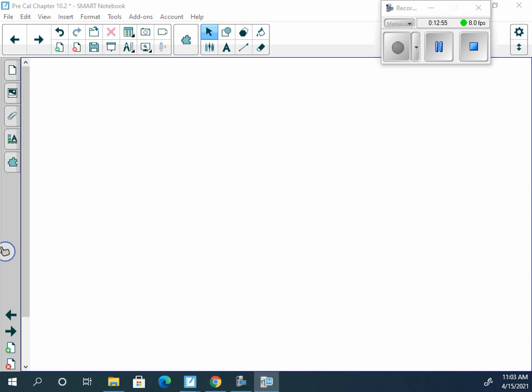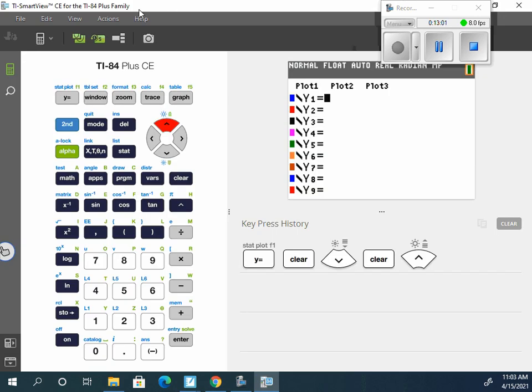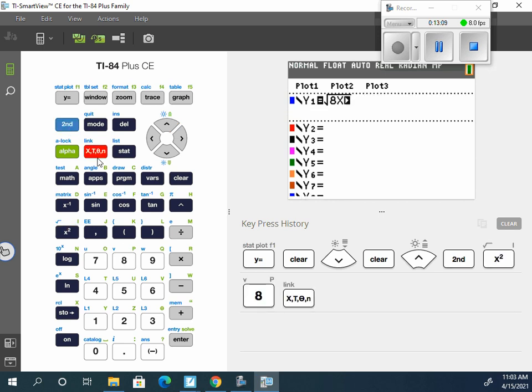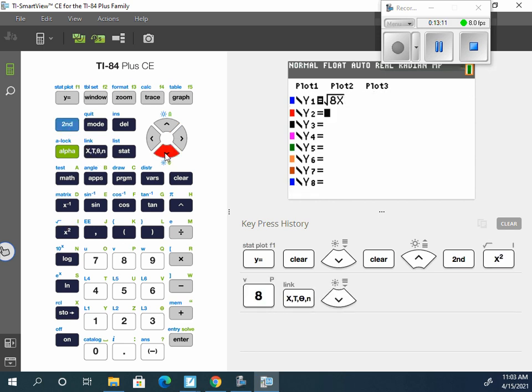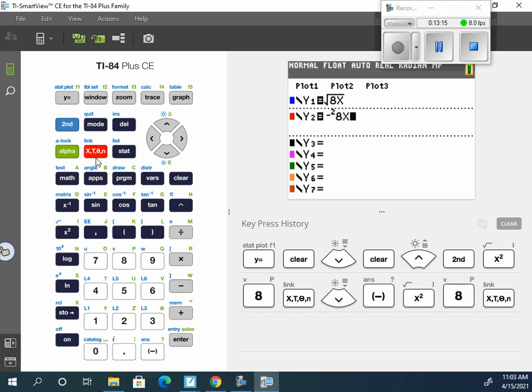Equals clear. So because this deals in y equals and not x equals, we have to kind of break it up. Square root of 8x, negative square root of 8x.